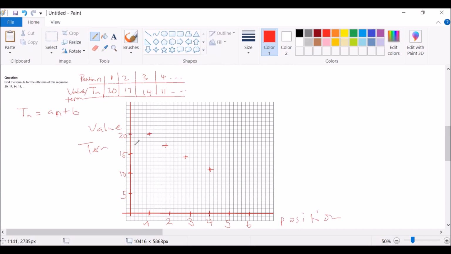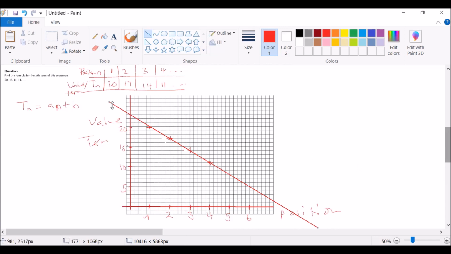Position 2 is 17. Position 3 is 14, which is here. Position 4 is 11, which is just after 10 here. If we draw a line, it would be a straight line passing through those points. That's why they are called linear, because when plotted, position versus value, we get a straight line.